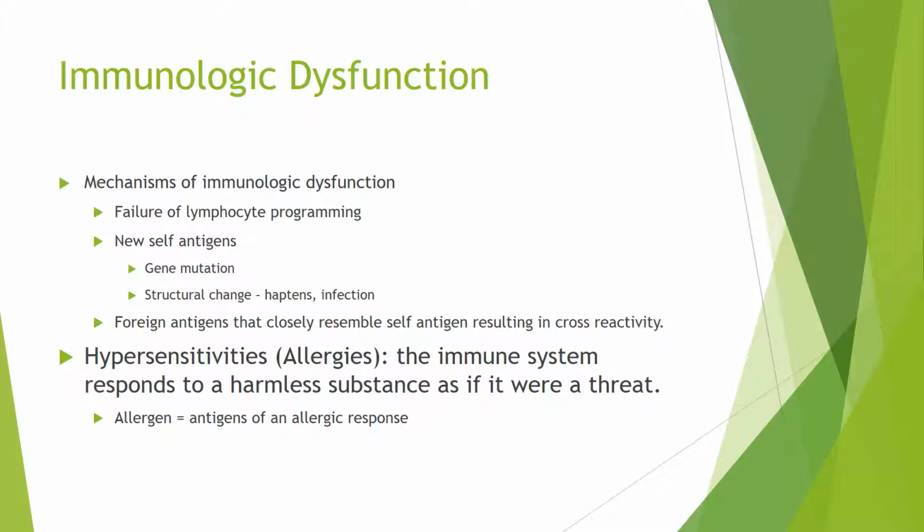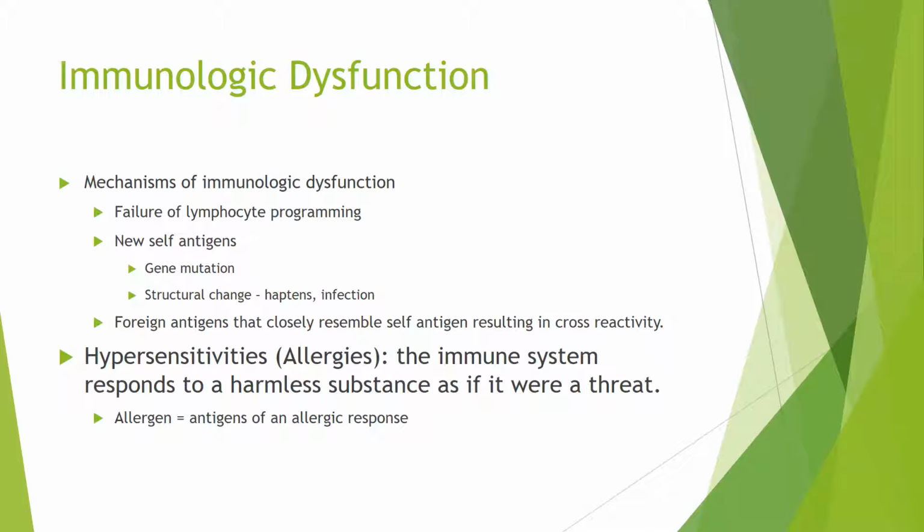Also, different structural changes can occur within the antigens where different epitopes will create different sources of infections. Another one is different proteins of haptens that will affect them as well. And also foreign antigens that are very similar in resemblance might result in cross-reactivity, and so that would decrease the immune response and efficiency of the antibodies.